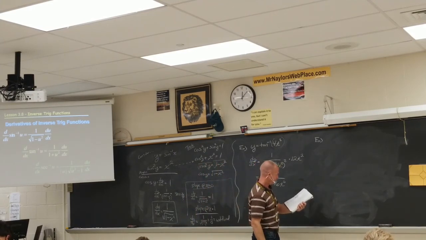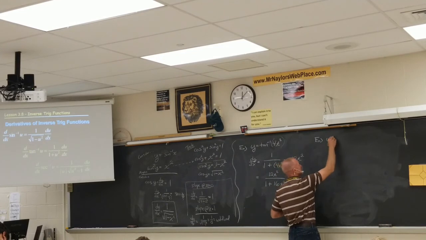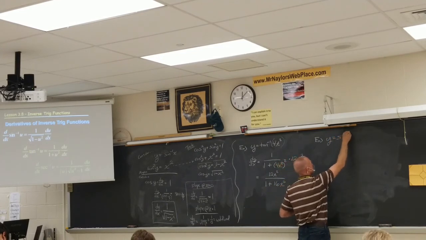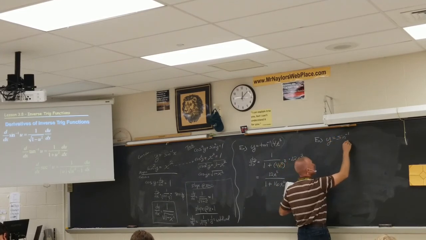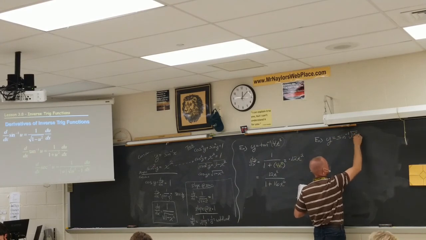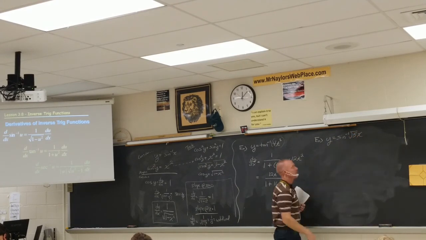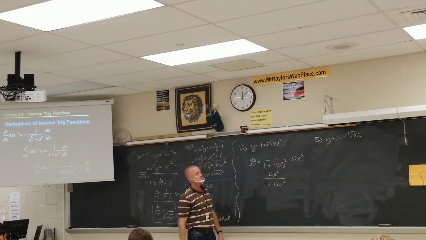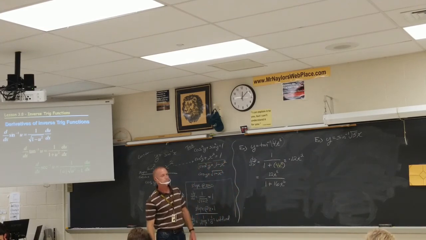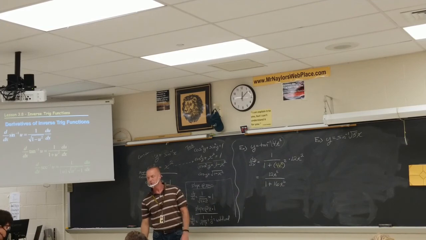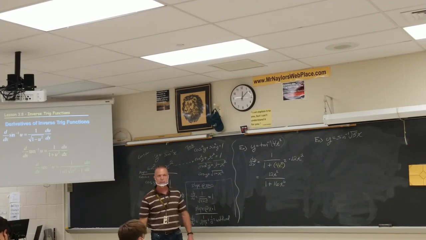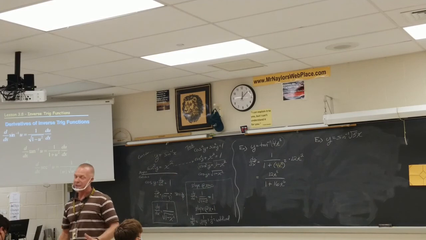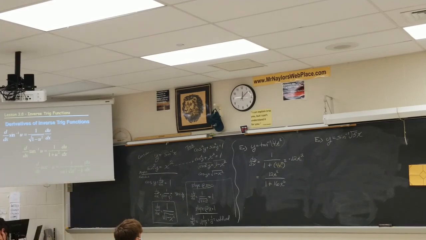All right, but how about the inverse sine? y equals the inverse sine of the square root of 5 times x. For some reason, calculus books and math teachers like you to be comfortable when you see square root signs.